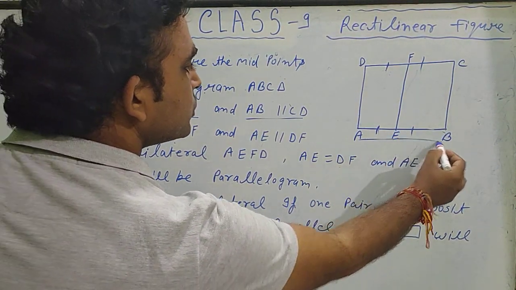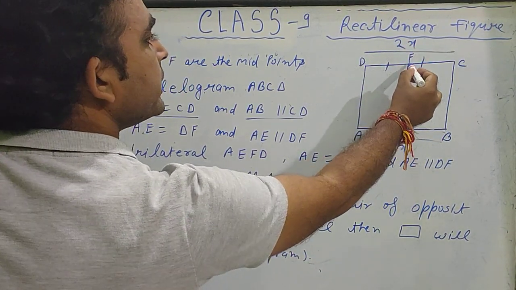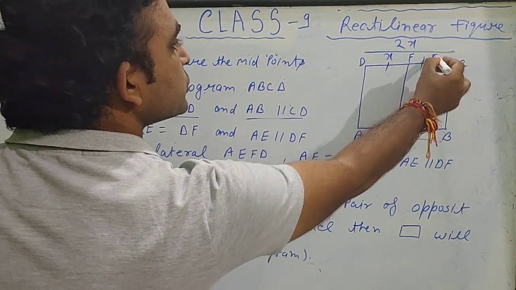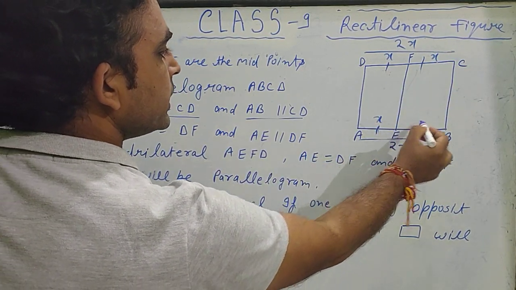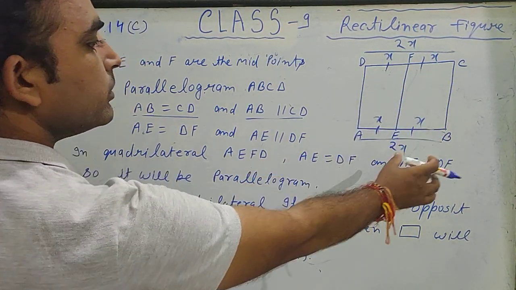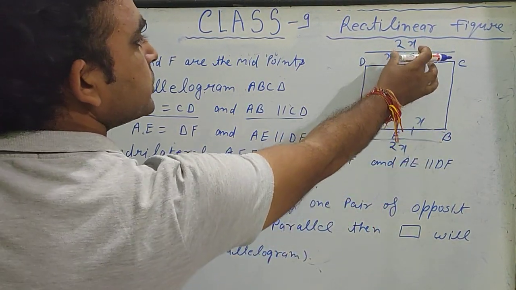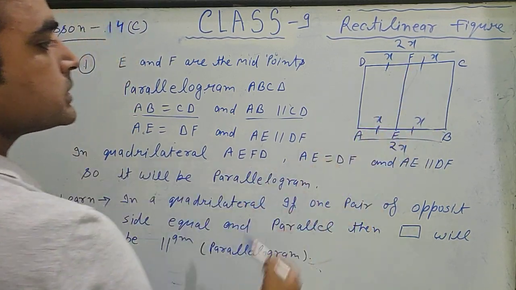Suppose this is 2x and this is 2x, and E and F are the midpoints, so this will be x and this will be x, because AB is equal to CD.